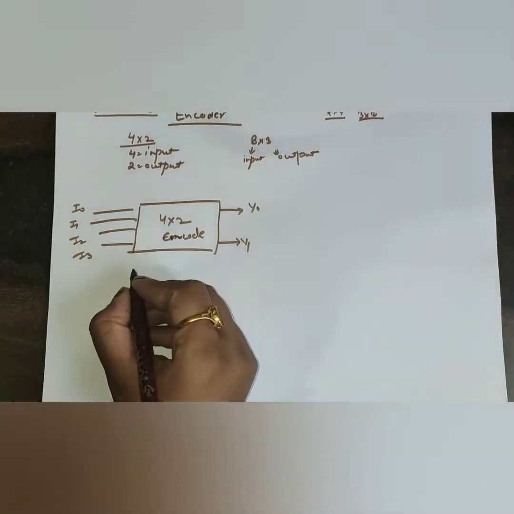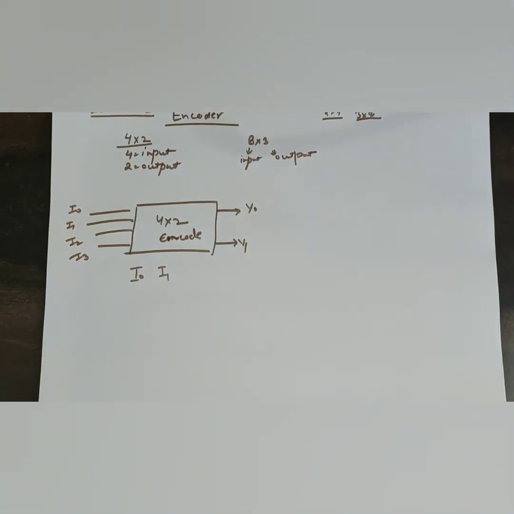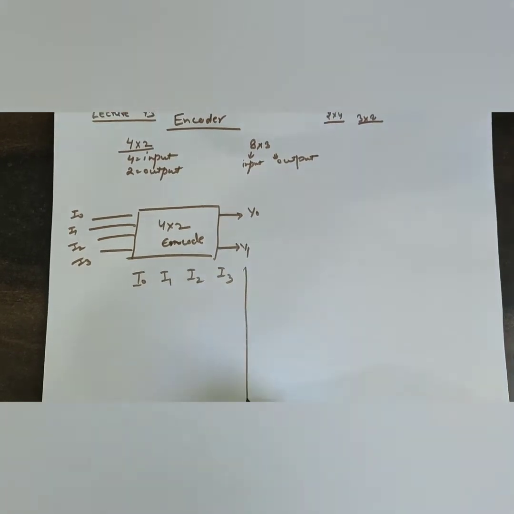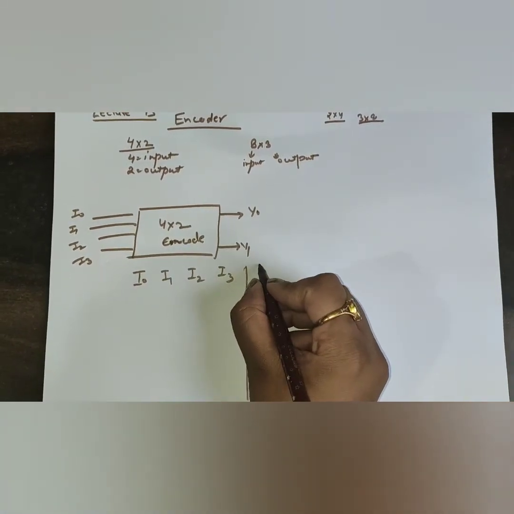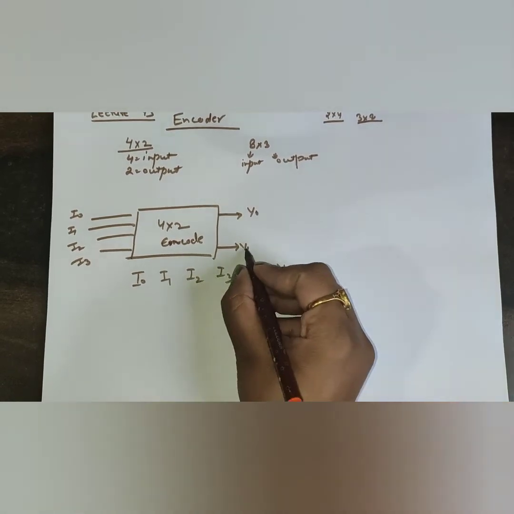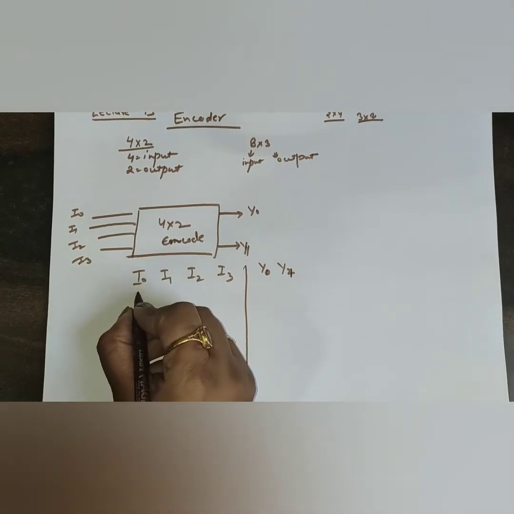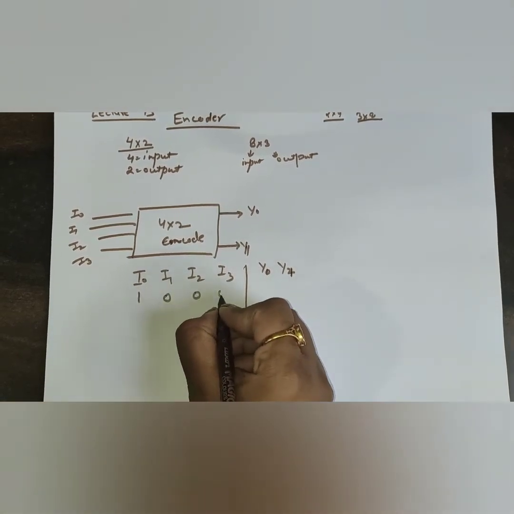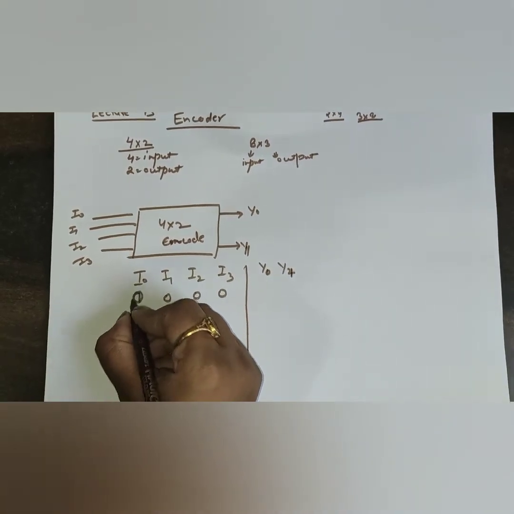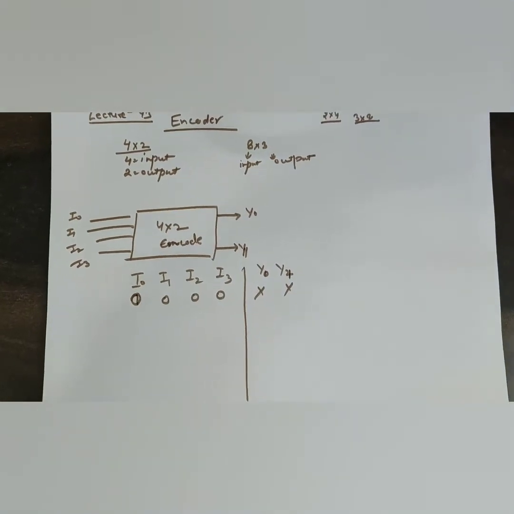So here I0, I1, I2 and I3 are the inputs, and Y1 and Y0 are the outputs. You can check, first of all, if all inputs are 0, any don't care condition can be there.